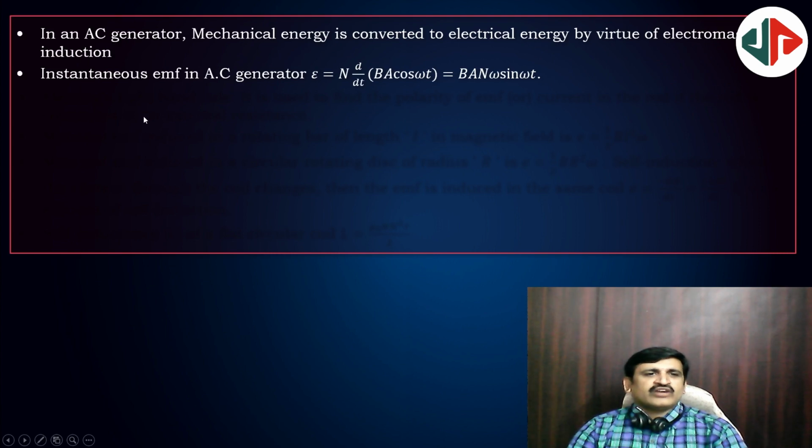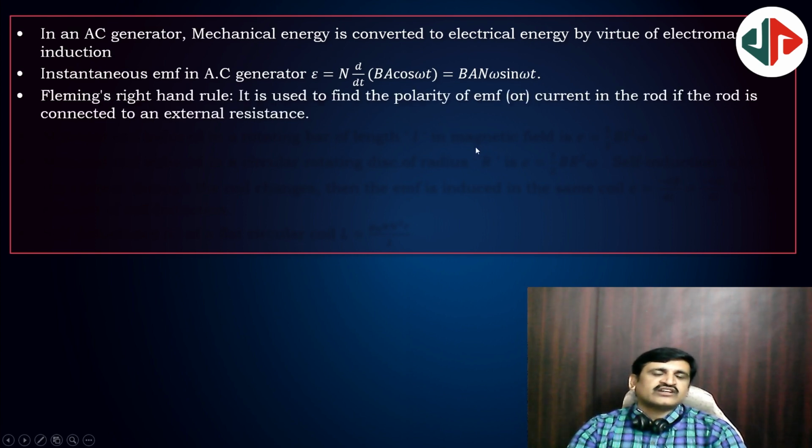Instantaneous EMF in an AC generator is equal to NBA omega sin omega t, because it rotates the coil in the magnetic field with an angular velocity omega. So NBA omega sin omega t is a sinusoidal function if you rotate a coil in a magnetic field. Fleming's right hand rule is used to find the polarity of the EMF and the current.